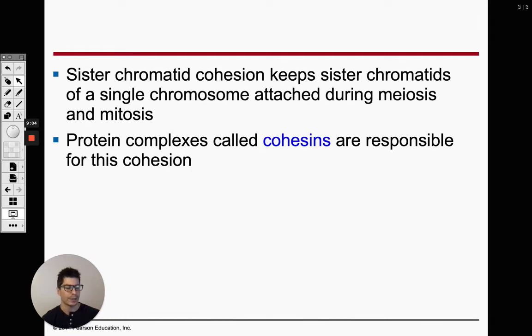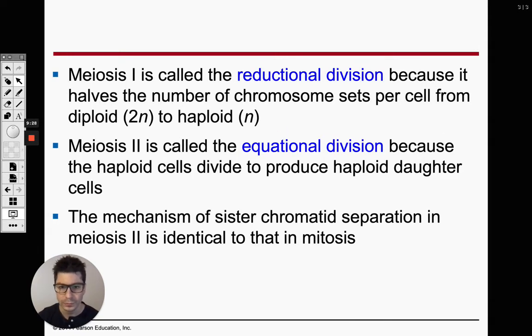Specifically, it is an enzyme, and it is called separase. So the cohesin is going to be broken apart by separase, so that way our chromatids can separate, all right? So that's the relationship between cohesin, which holds it together, and then when separase comes in, it breaks that cohesin, so the chromatids can move. All right, we're good here.